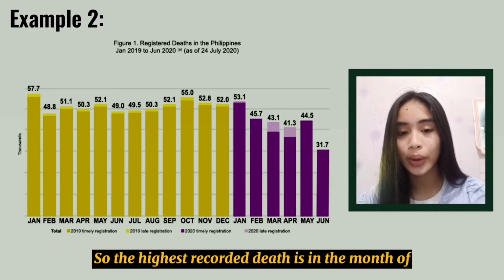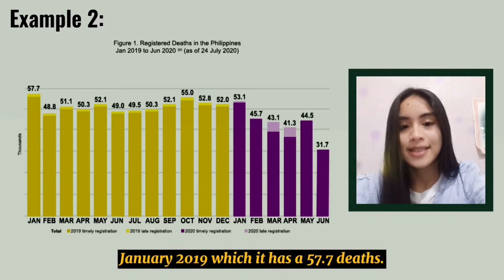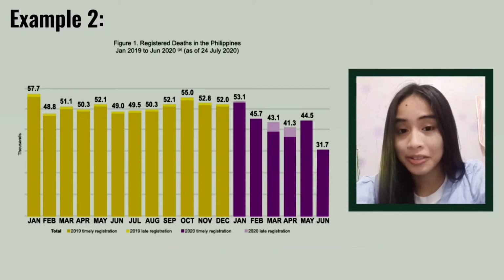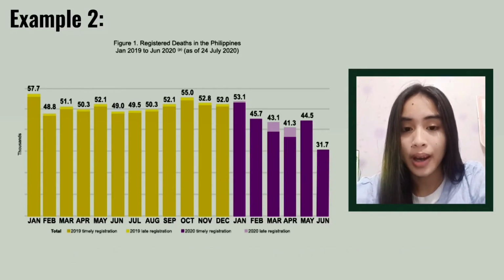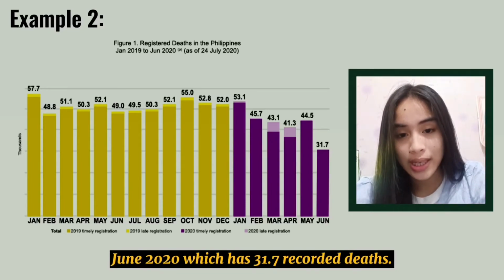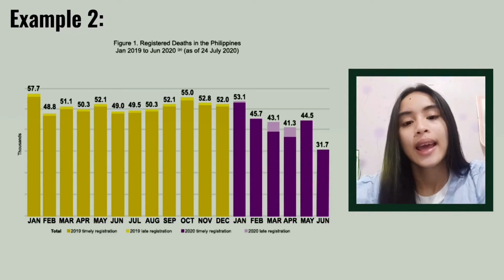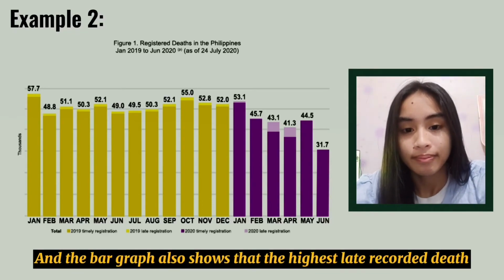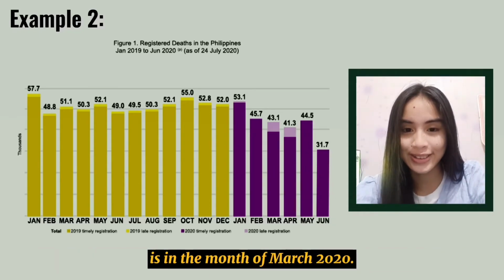The highest recorded death is in the month of January in 2019, which has 57,700 deaths. And the lowest recorded death is in the month of June in 2020, which has 31,700 recorded deaths. The bar graph also shows that the highest late recorded death is in the month of March in the year of 2020.